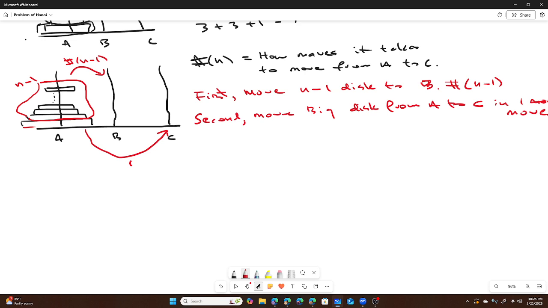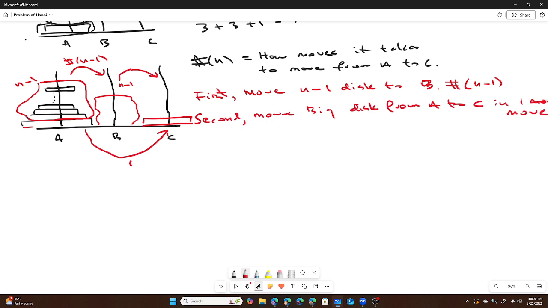Now remember, B has n minus 1 disks, and C has the giant disk. All we need is the number of moves it takes to move the n minus 1 disks to the pin C, right?